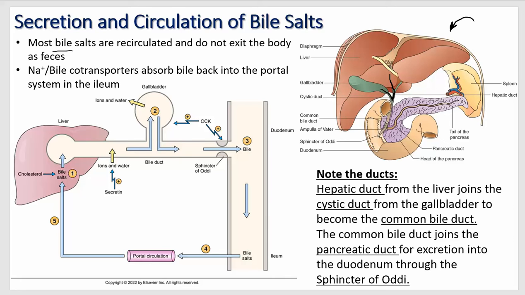When we eat a meal, it is released into the cystic duct. Remember, cystic refers to the gallbladder. The cystic duct and the hepatic duct, hepatic referring to the liver, form the common bile duct. The common bile duct moves down and joins the pancreatic duct, which comes through the pancreas, and then they pass through the sphincter of Oddi.